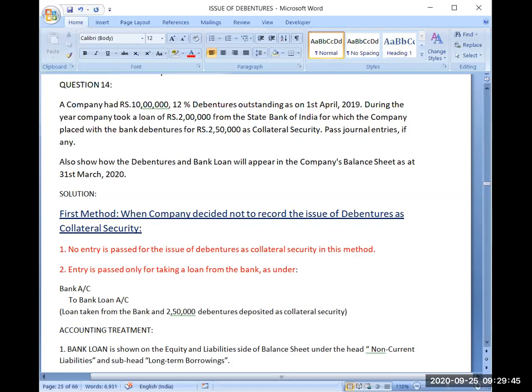So now you have taken a loan of rupees 2 lakh, and from which bank?